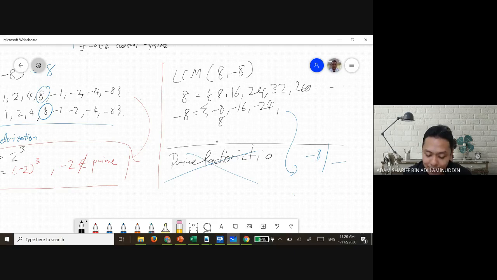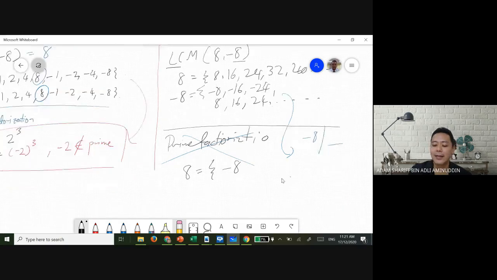Persoalan sekarang ialah the least common multiple untuk 8. Kejap, wujud tak negatif 8 sebagai dia punya multiple?